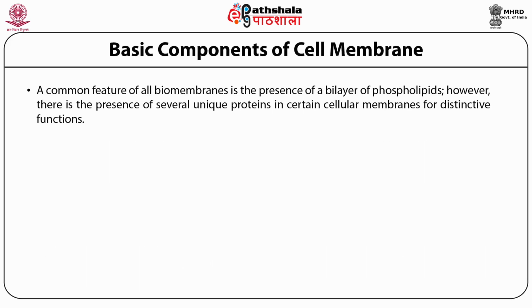A common feature of all biomembranes is the presence of a bilayer of phospholipids and some common proteins. However, there is a presence of several unique proteins in certain cellular membranes for distinct functions.